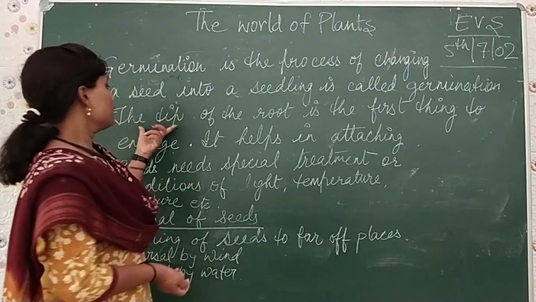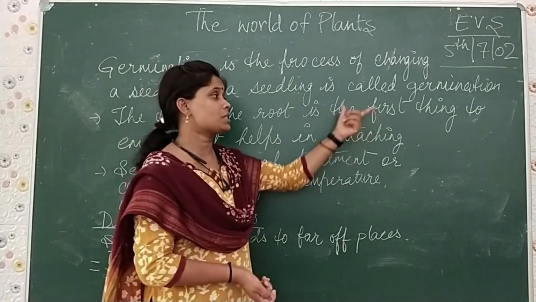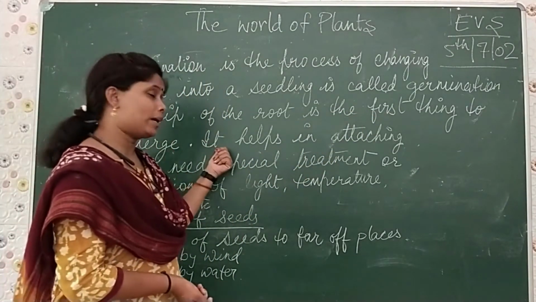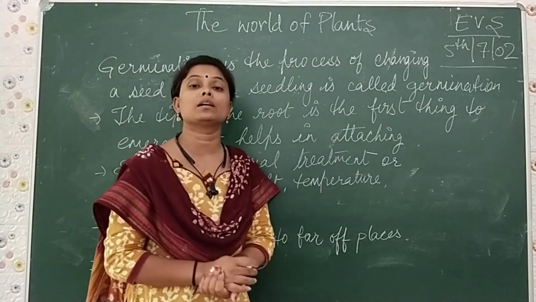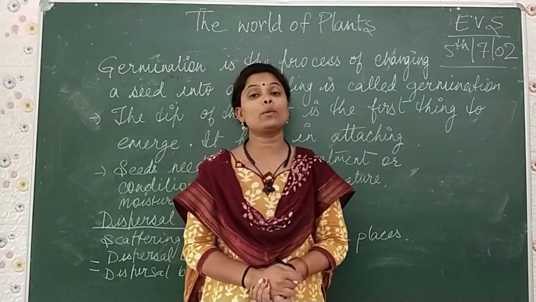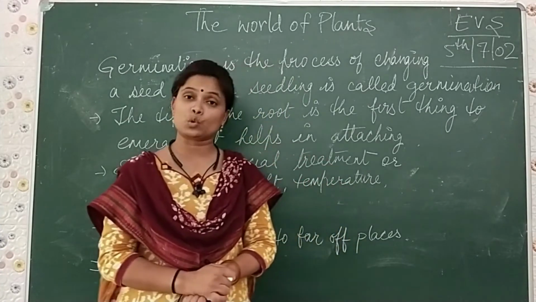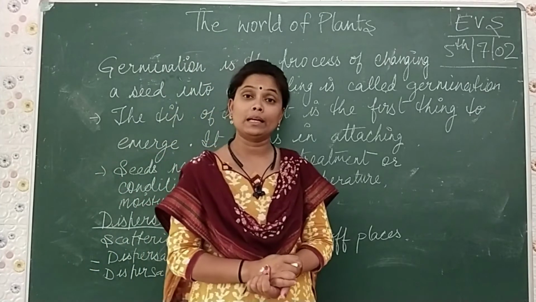Next, the tip of the root is the first thing to emerge, and it helps in attaching to the soil. So very first, how do we know that our plant is growing or is going to come out from the soil?